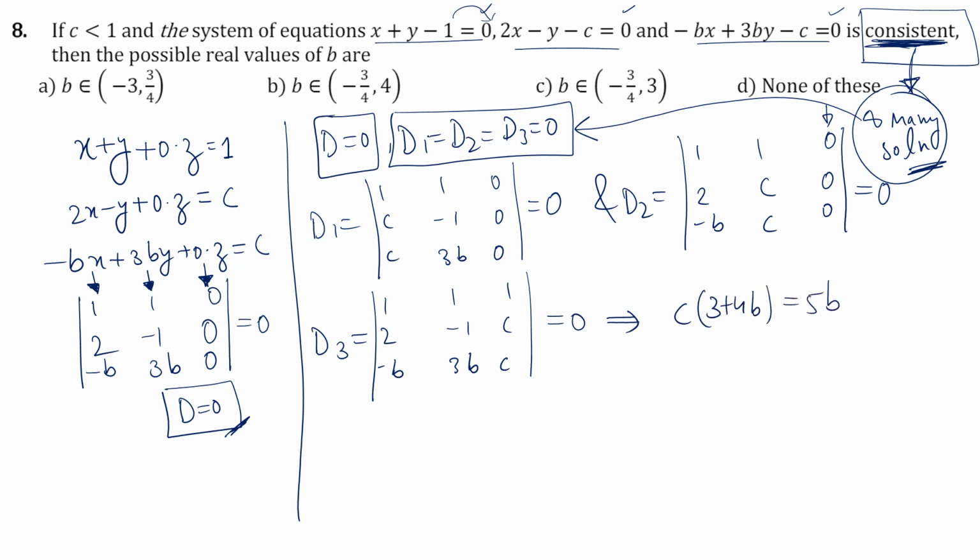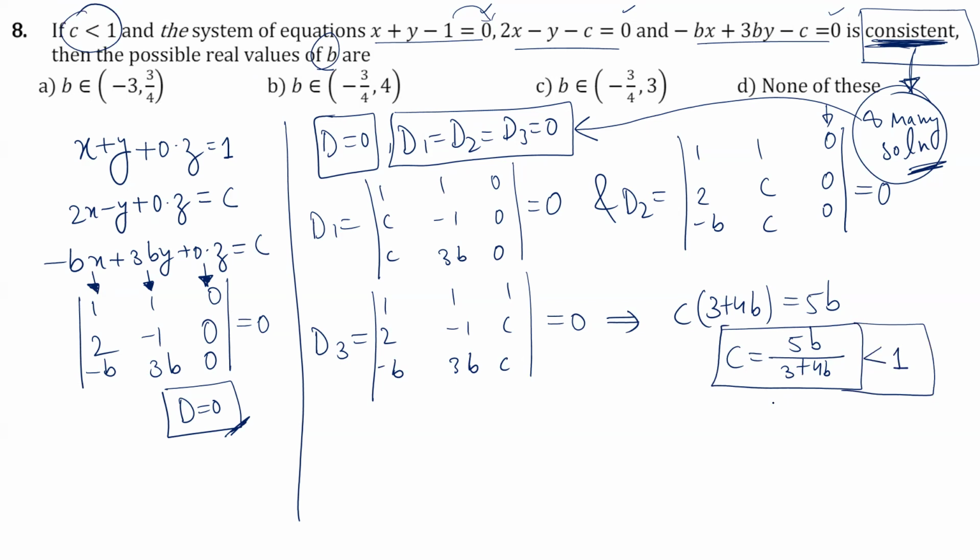Because we need the condition on b, we will try to find this in terms of b. Why? Because they have already given the condition on c. If c is less than 1, then this expression in b is also less than 1.